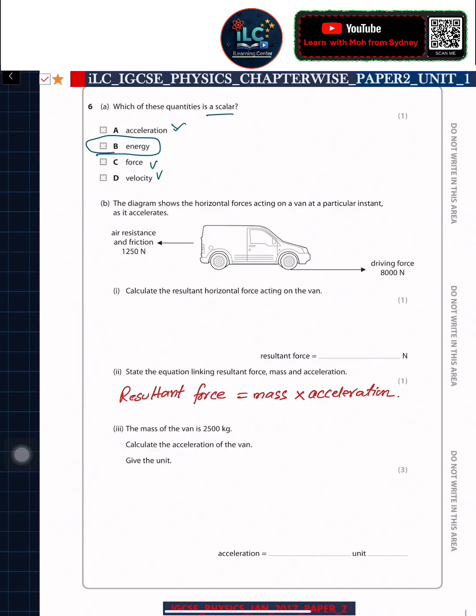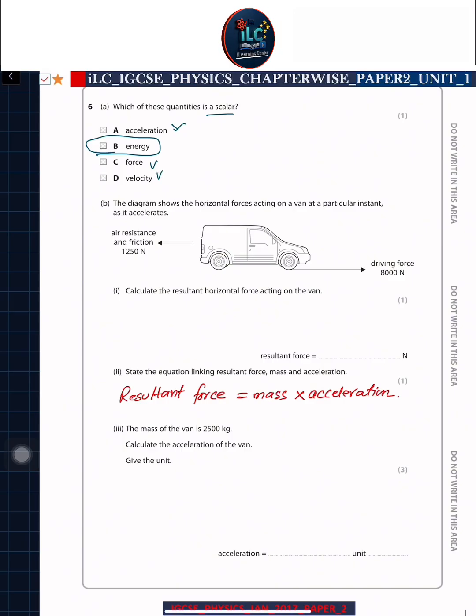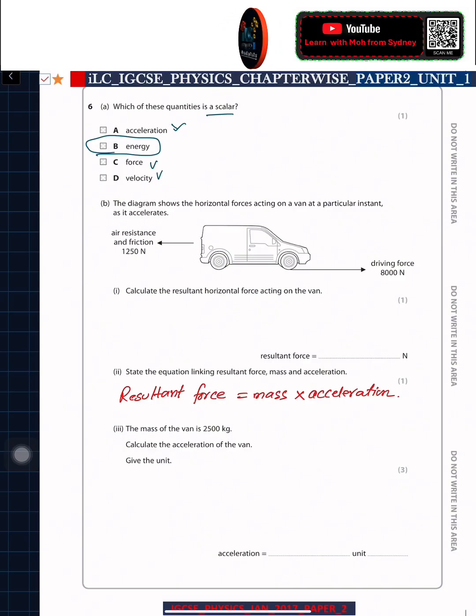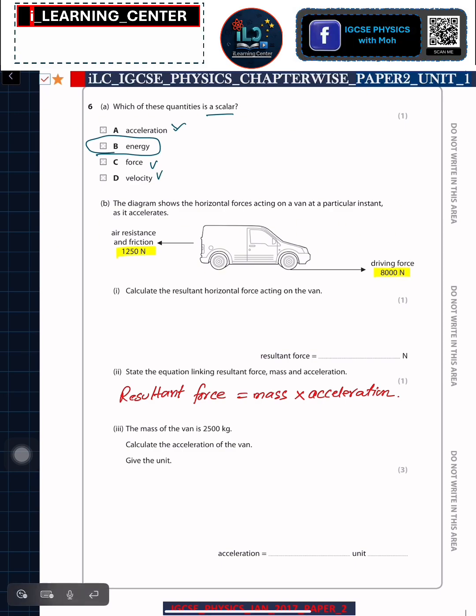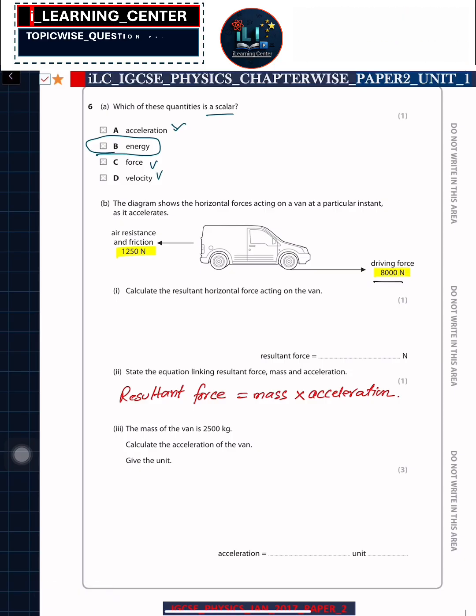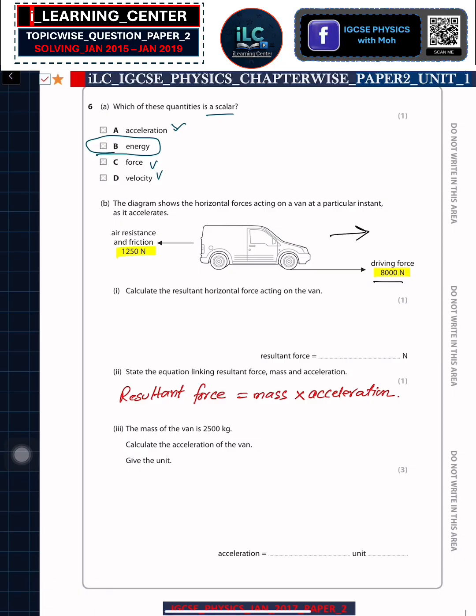Again, read the question very carefully. We're just skimming through. There's one force on this side and there's another force on this side. So definitely whichever is the greater force, which is this one, the resultant force will be in this direction.